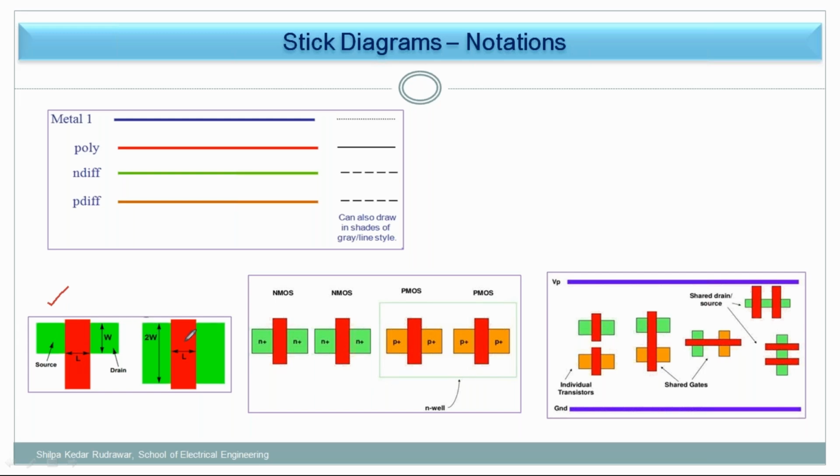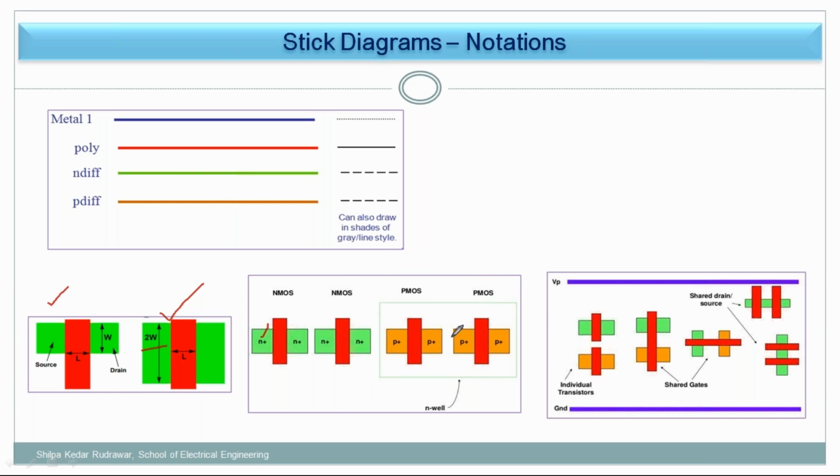Now, as we said, we increase the W/L ratio to match the current flowing through the devices, so we increase the W/L ratio of the P MOSFET. How to show that? Although it is shown in terms of this N MOSFET only, you need to understand what you are doing: you are changing this W, the width of your transistor. This is NMOS, shown by N diffusion in green, and red indicates polysilicon. This is my source, gate, drain. Again, I can say drain, source, gate, because source and drain are interchangeable.